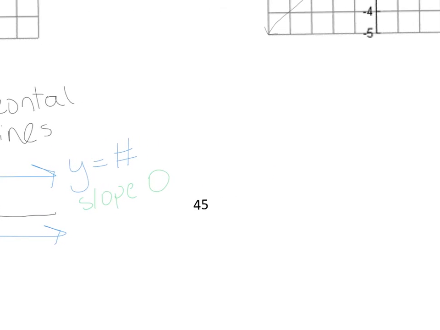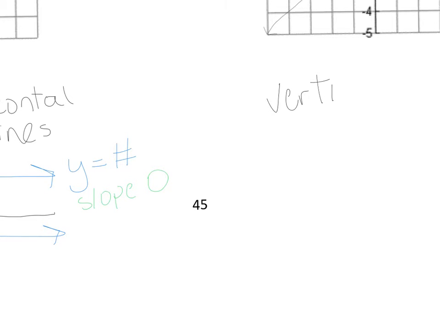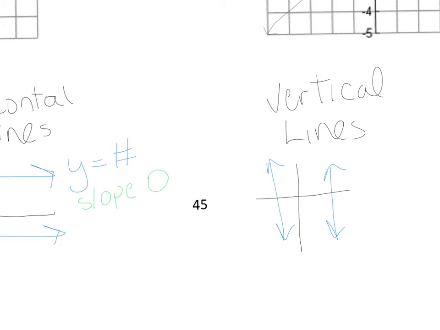For a vertical line, the slope is undefined. It could be left or right of the y-axis.